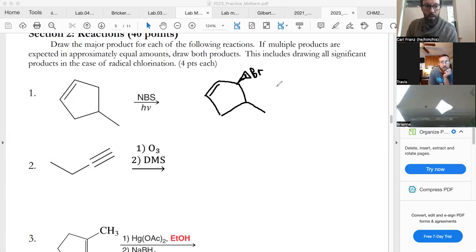And of course, we'll have enantiomers with that, so we'd write ENT, because this could be a dash instead of a wedge. And if we put it right here, that's the same molecule. We've just flipped it upside down.